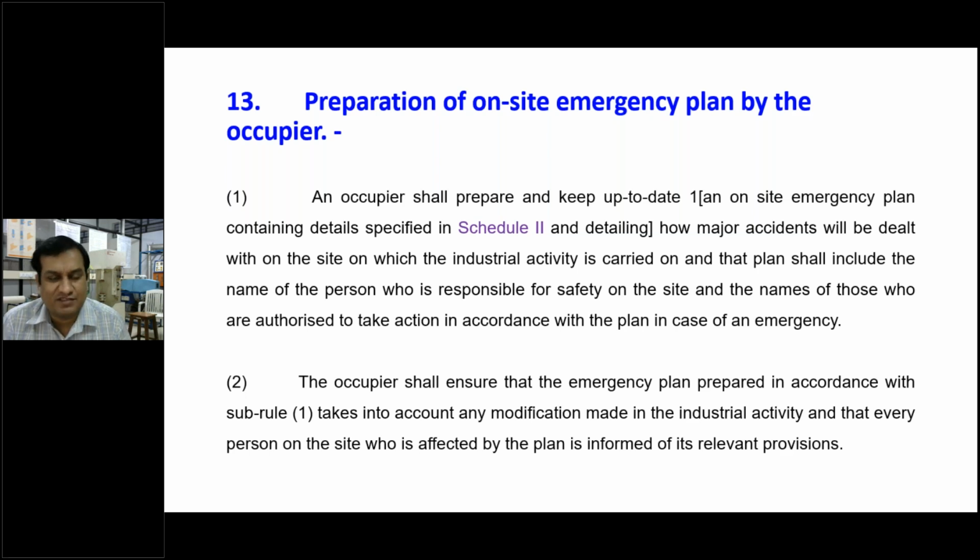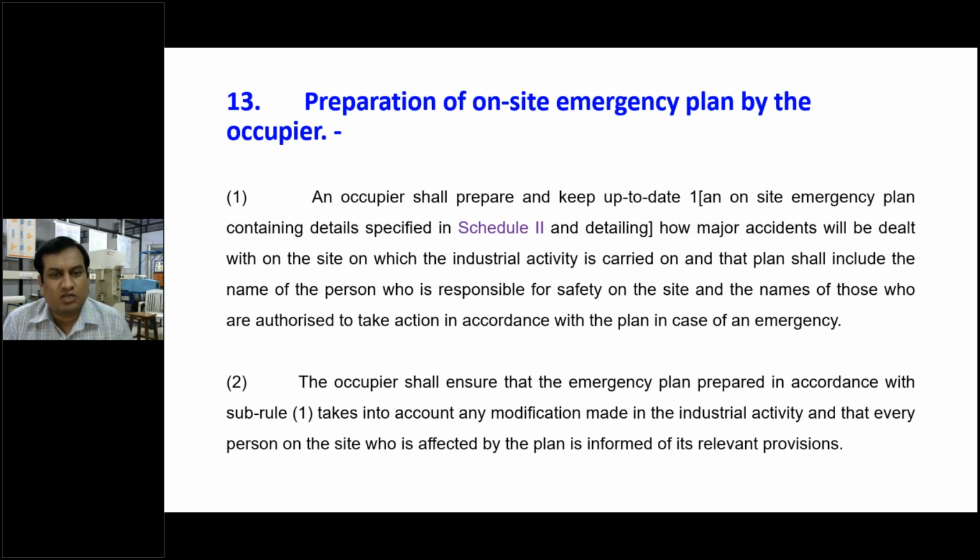Then rule 13 is the preparation of on-site emergency plan by the occupier. This is one of the important rules as far as exams and interviews are concerned. So what exactly is the on-site emergency plan? How to prepare this on-site emergency plan, and what are the contents and the schedule related to it?